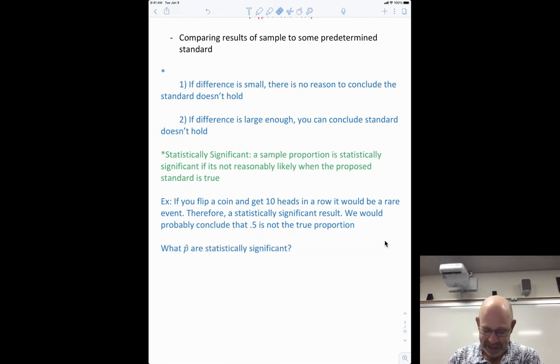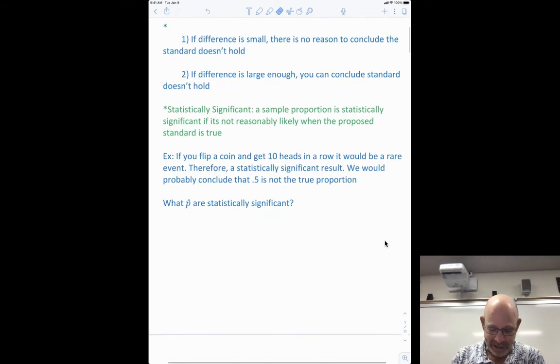So then the idea is which ones are statistically significant and which ones aren't. And the way we do that is just reasonably likely. We go back to the old things we've done. In other words, if we think, I hate to use only 10 flips, but let's say I use 40 flips, we think the proportion is going to be 0.5.